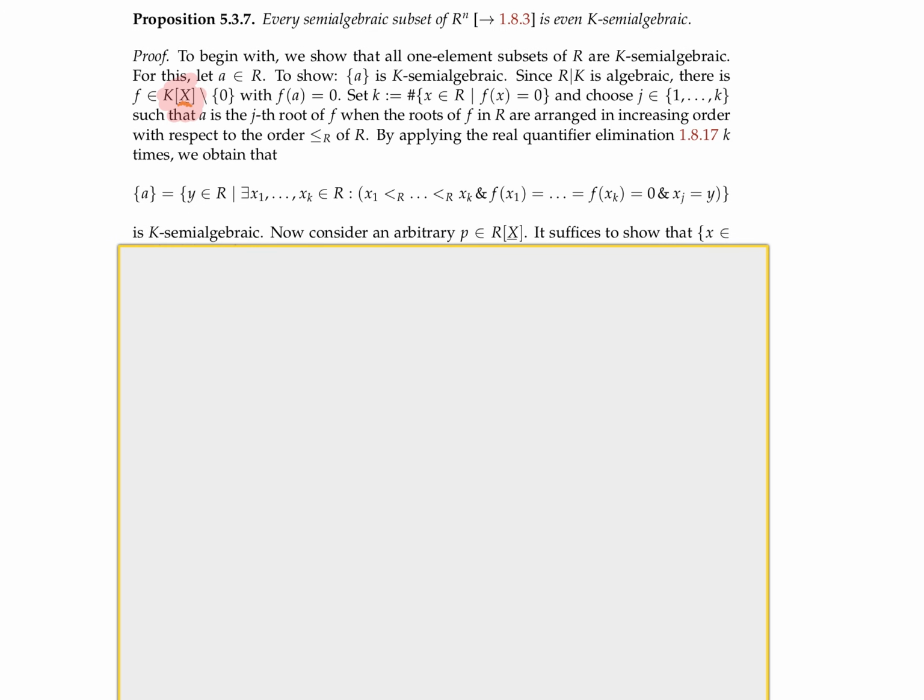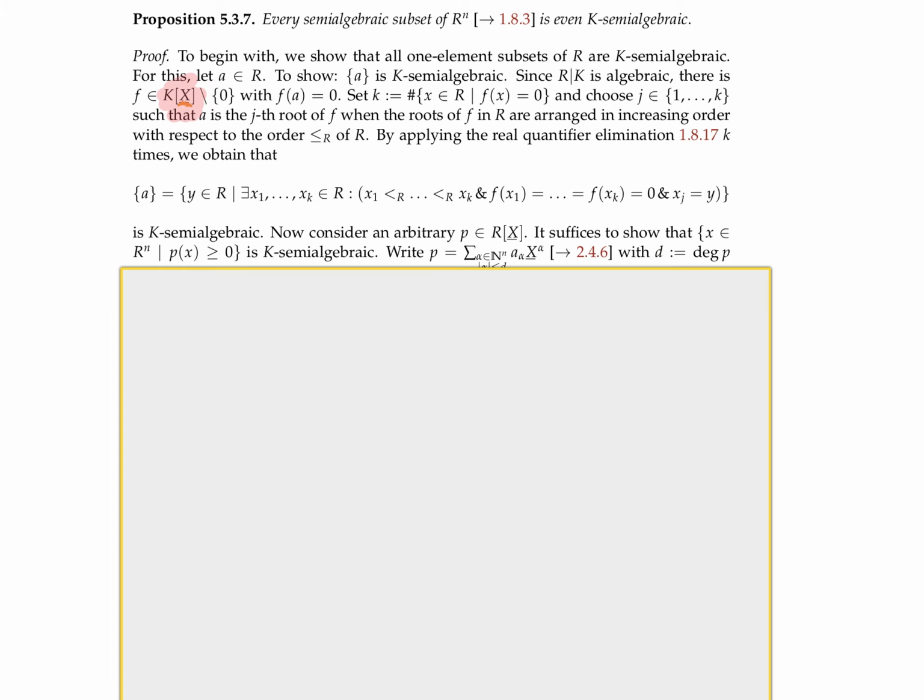Yeah, so now consider an arbitrary polynomial in n variables, and it suffices to show that the set of all x in R to the n such that p of x is non-negative is k-semialgebraic, right?